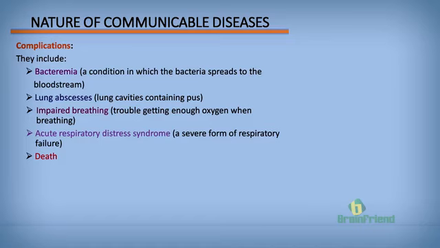Complications of pneumonia. These complications include bacteremia, which is a condition in which the bacteria spreads to the bloodstream. Another complication is lung abscesses. This is a condition where the lung cavities contain pus. Impaired breathing.